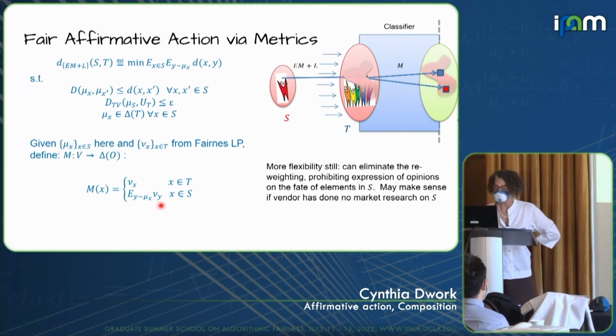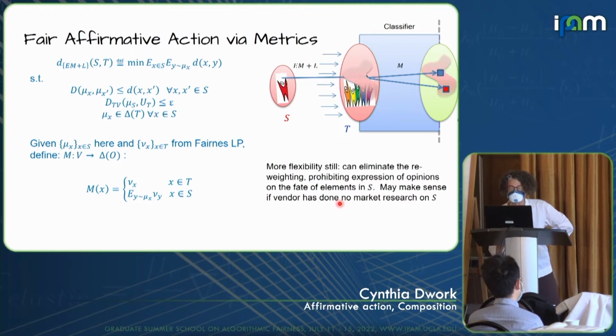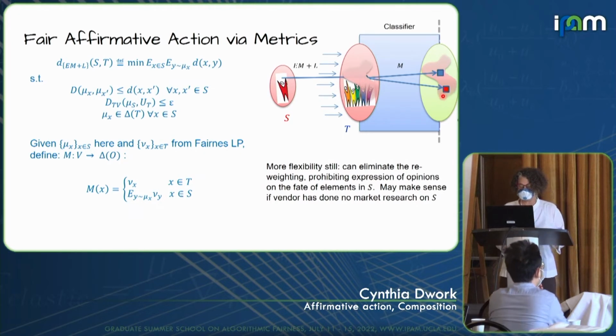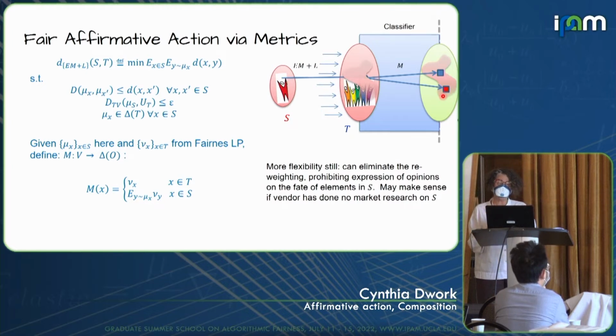So, for example, one possibility would be eliminating the reweighting. And that means that when the fairness LP is running, everything involving S is just immune. It's like invisible to it. Because it hasn't changed the losses, and that's the only way that S can affect that thing. So that may make sense.